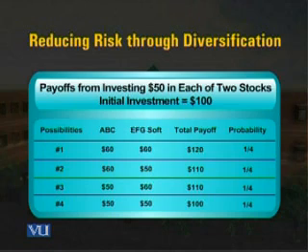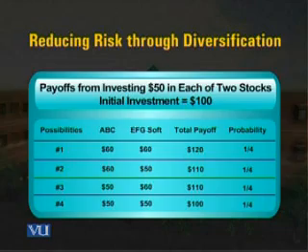Total payoff is 110 and the probability is 1 by 4. Scenario number 3, 50 for ABC shares and EFG's payoff is 60. Payoff is 110 and probability is 1 by 4. If you look at scenario number 2 and 3, they are exactly the same as in the previous example.